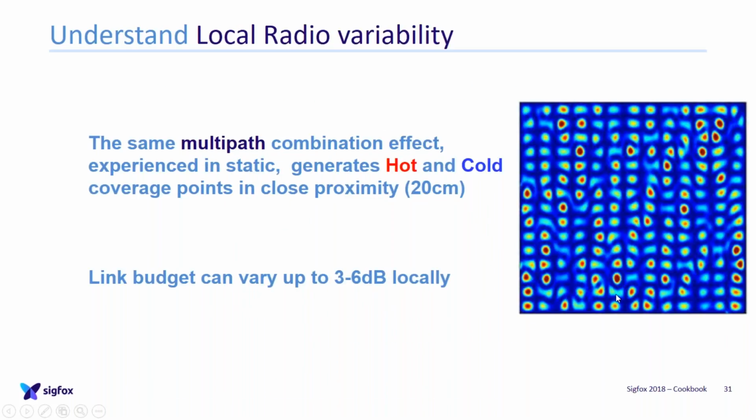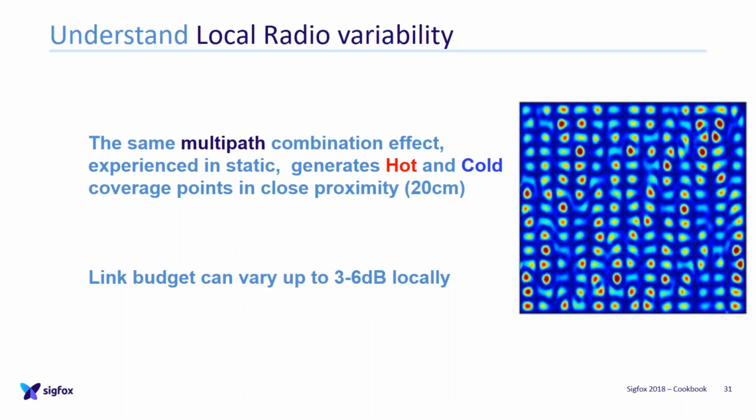In static, it can be very easily shown in a color grade. Here it's a view of a cavity, but in our environment, it's the same. The spacing between positive and negative combination locations is associated with the wavelength at 900 megahertz, so in a very small zone you will have some hot points and some cold points.